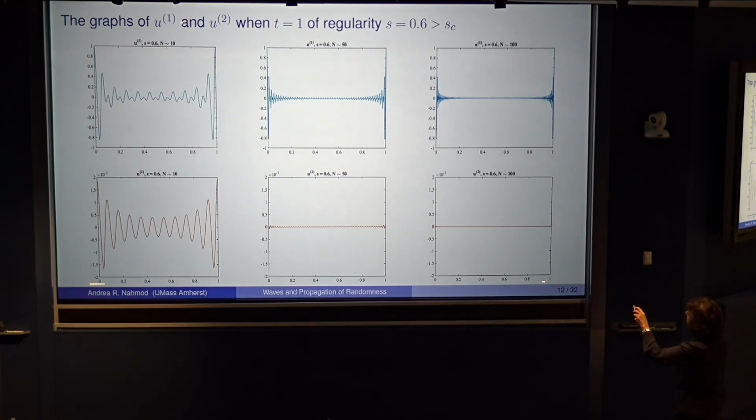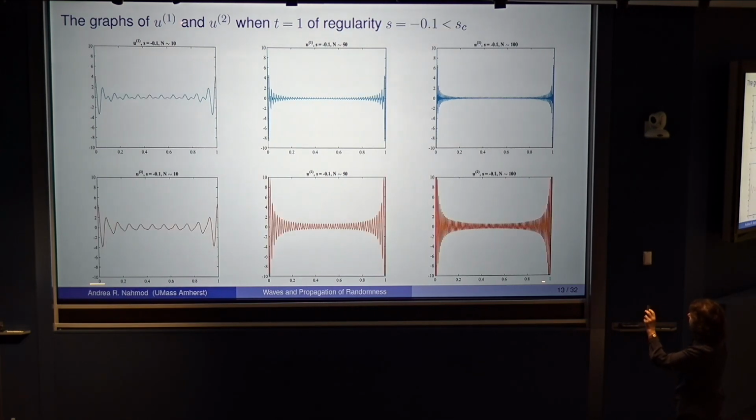However, if you are below this number, so in this picture, this number C is 0, say minus 0.1, and you do the same picture with similar data, then you see immediately that at the second iteration, for high frequencies, the solution becomes very wild and starts growing. So this will never converge to a valid solution. If you look at the iterates U1, U2, U3, and so on, you will not get a convergent series. So you expect solutions will not exist even for a short time.